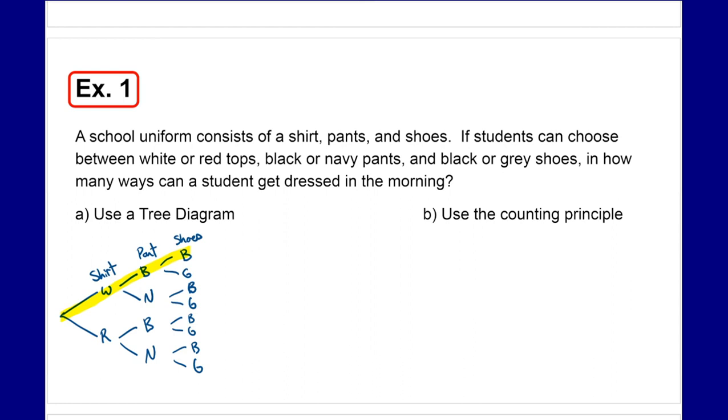That's another pathway. Another thing you can do is just add up the number of options in the last column. 1, 2, 3, 4, 5, 6, 7, 8. So there are 8 total ways to get dressed in the morning.